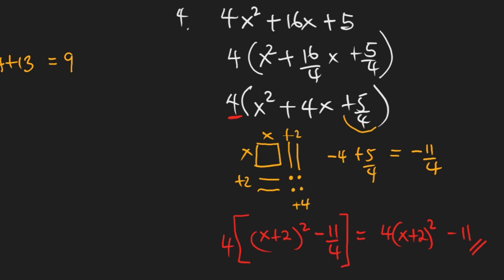Okay, so we can have a formula for this. From what we are doing, we can derive a formula. So for the formula, we can say that step 1, divide. Let's use an example to do this. So let's say we have x squared plus 8x minus 2.